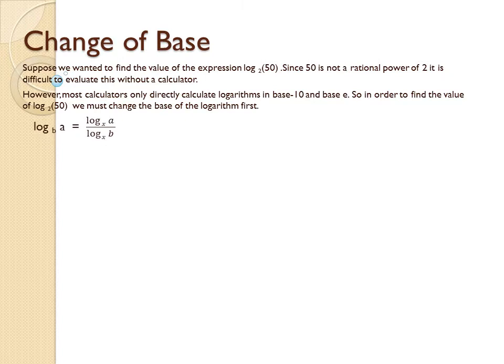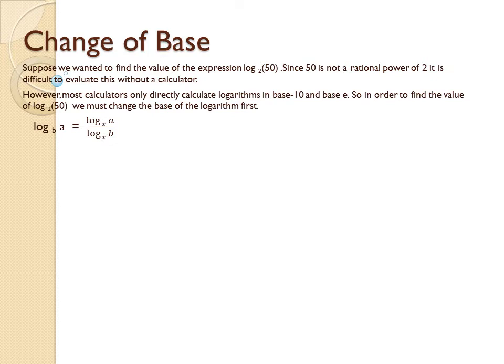The change of the base formula tells us log a to the base b equals log a to the base x divided by log b to the base x. So I am just putting the main log with some base divided by the base as a log to that same base.